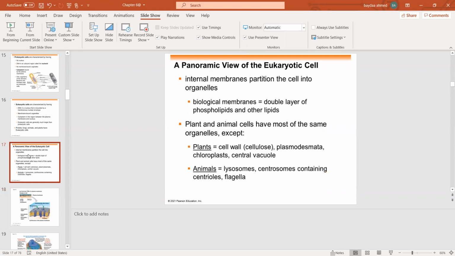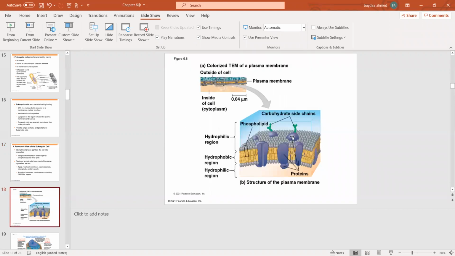The basic fabric of most biological membranes is the double layer of phospholipids. Embedded within the membrane and attached to its outer surface are proteins or enzymes. They contain enzymes, just like the membrane of mitochondria.